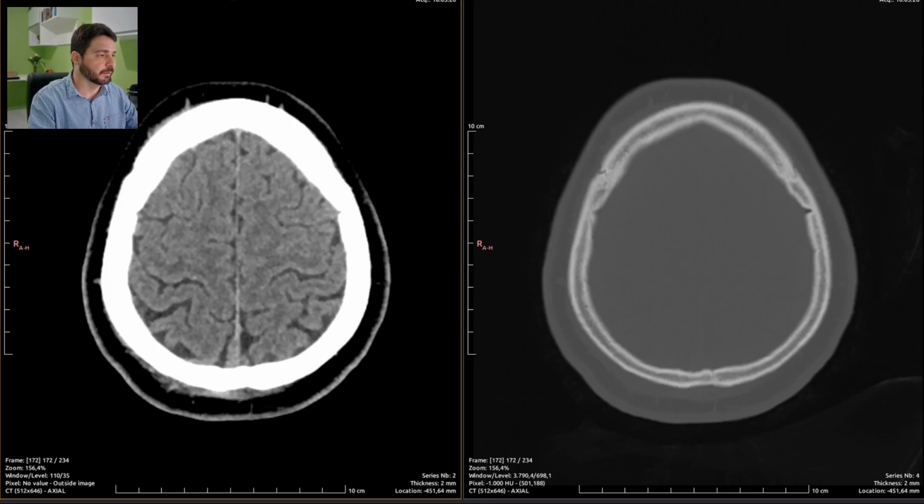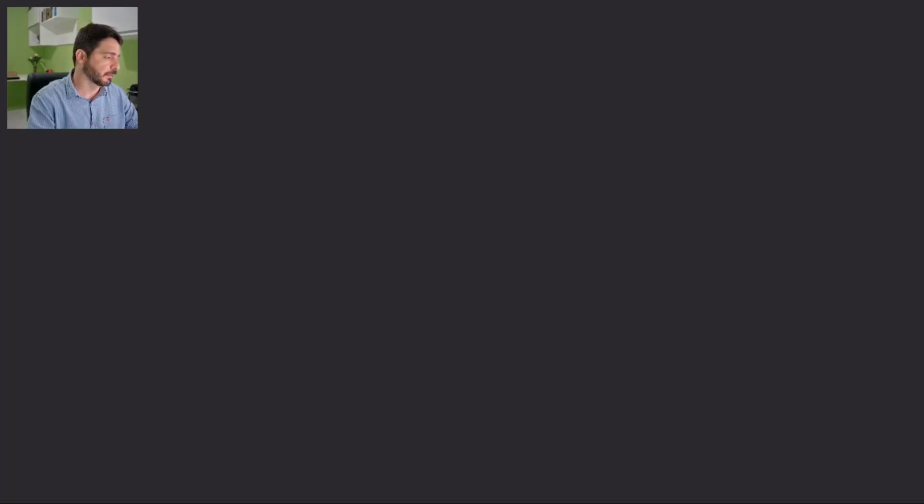Let's get to the next exam. And it's a lumbar spine of a 75-year-old male patient who complains of difficulties to walk.